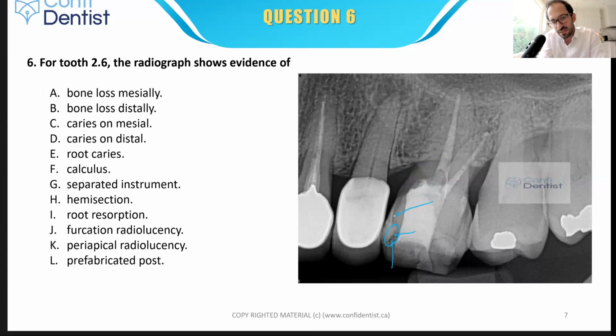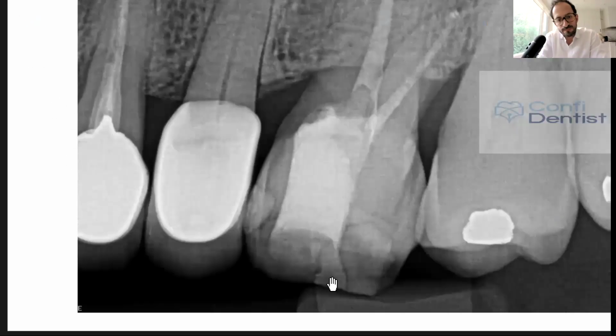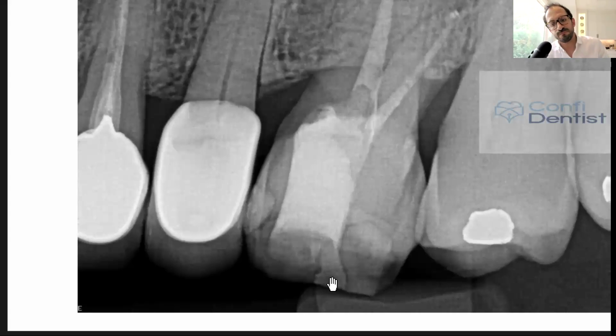And this line that you see here is simply a match band effect. Let me just zoom in. For root, the same is for distal. The same for distal, no caries.